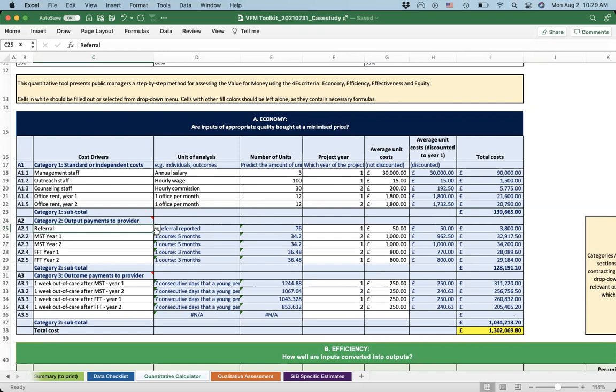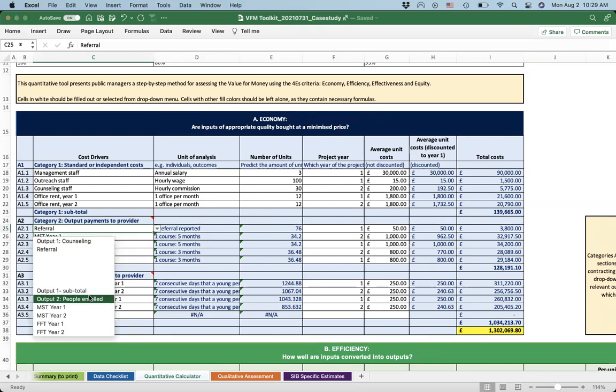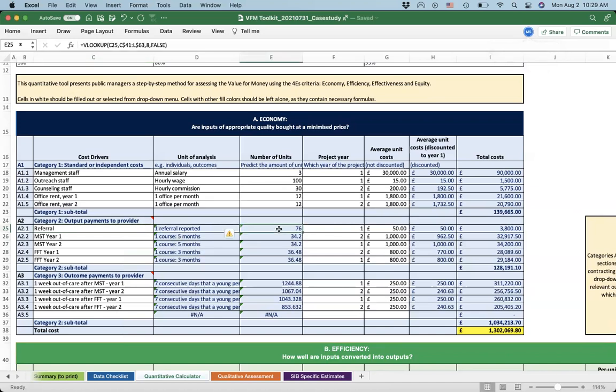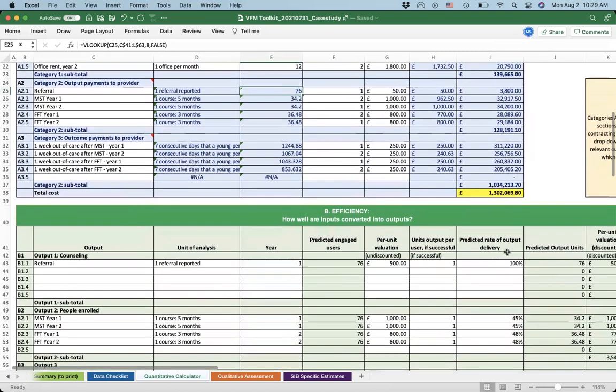So in this case, you would take a drop down from the below section on outputs and fill out essentially which output is relevant that you're likely to pay for. It will automatically populate how many of those you're likely to have and tell you what your likely costs are from those outputs and outcomes. Now, moving on to how we actually calculate those.